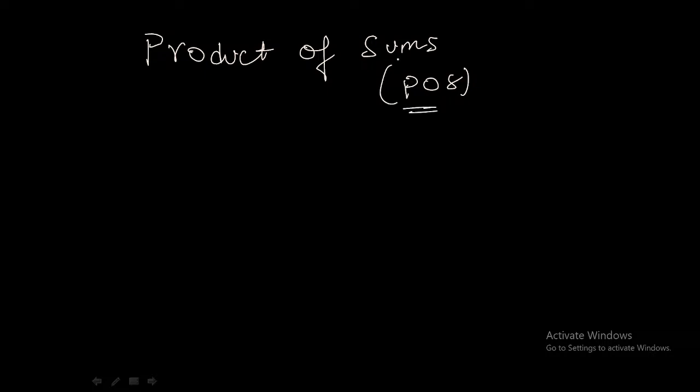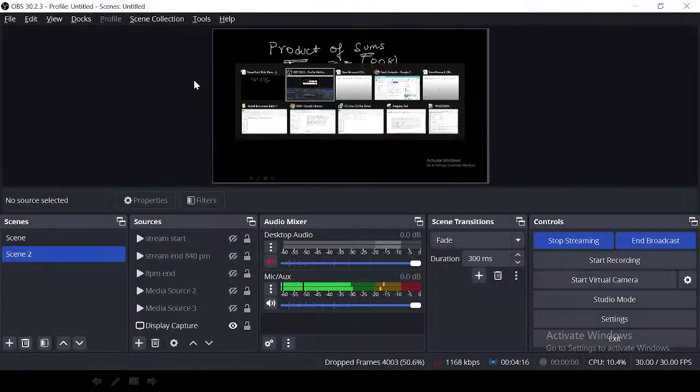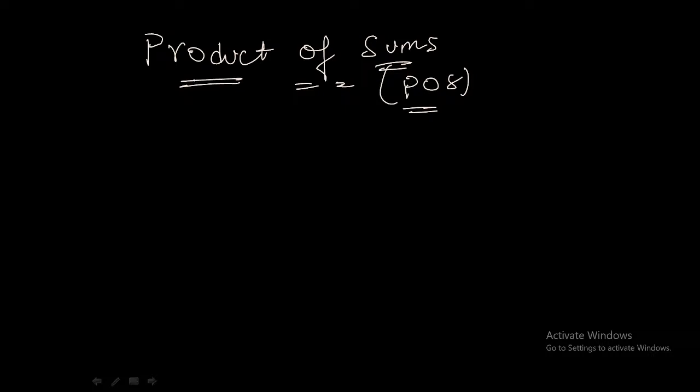In the previous session we discussed the SOP form of representation. Now we are going to discuss what is meant by the POS form of representation. In the POS form, each term of the product of sums contains all the variables.